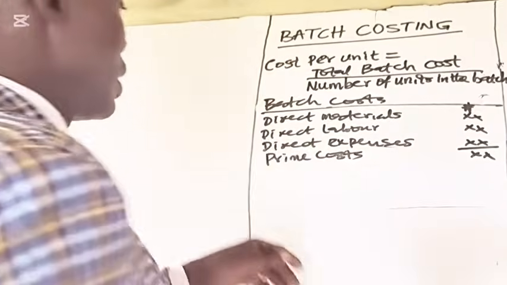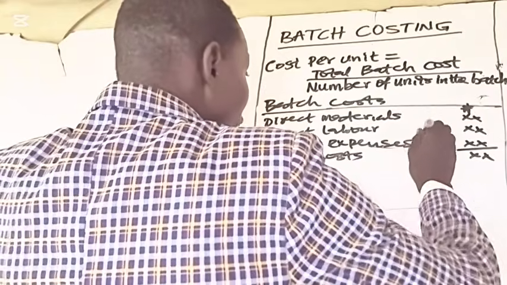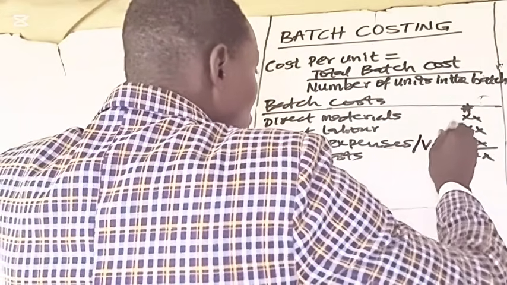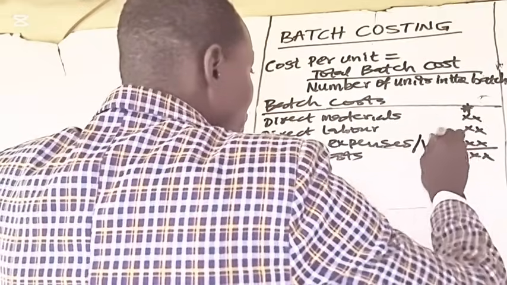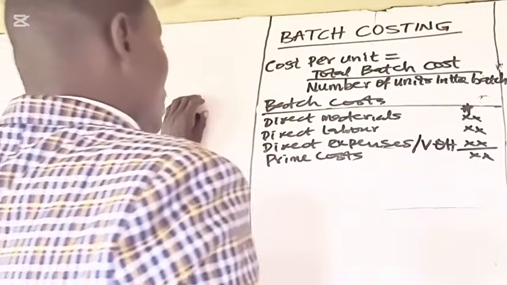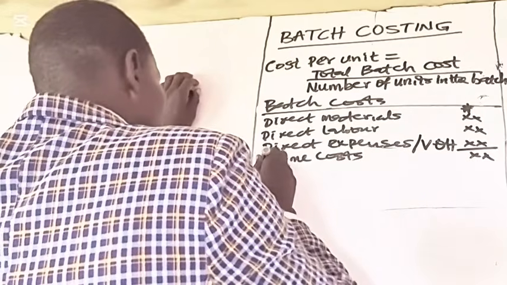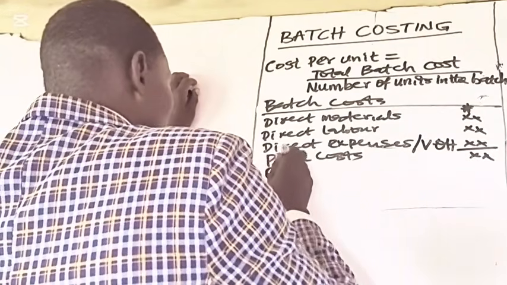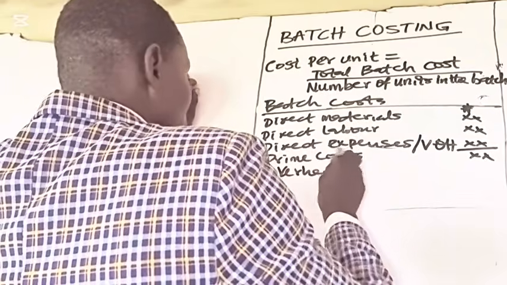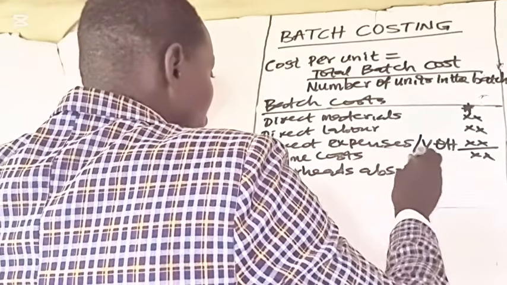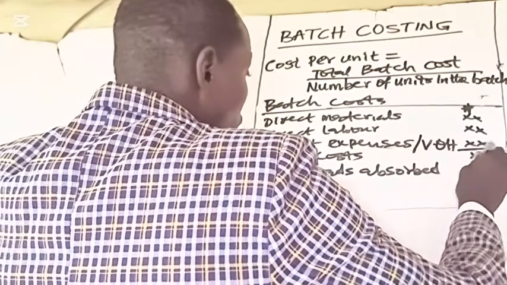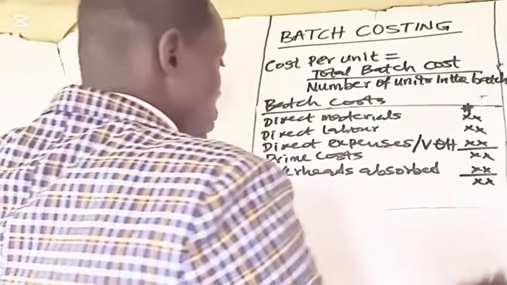Then you add variable overheads to your prime cost, then you have overheads absorbed. You absorb overheads to the product.